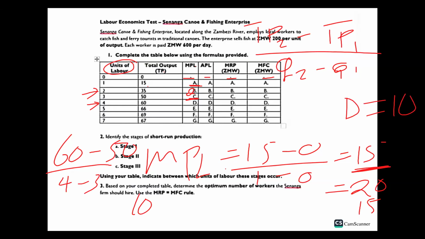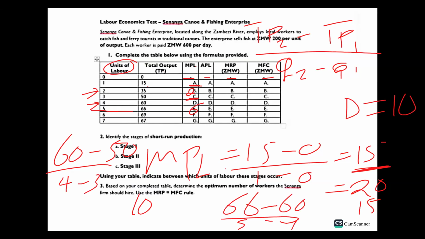Yes. Yeah. And then when you go to E, you say 66 minus 60, the previous one, divided by 5 minus 4, which will be 6, which means the value of E is 6. Hope we are following nicely.